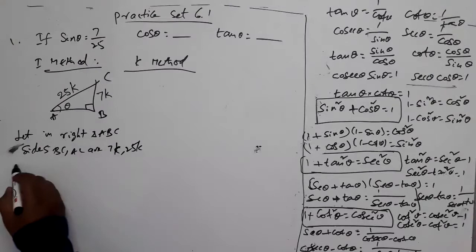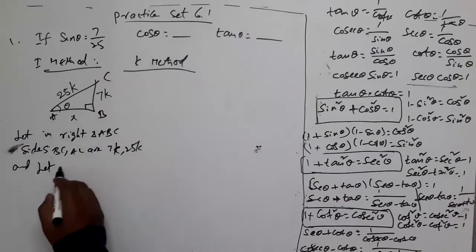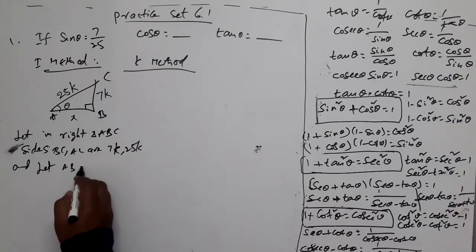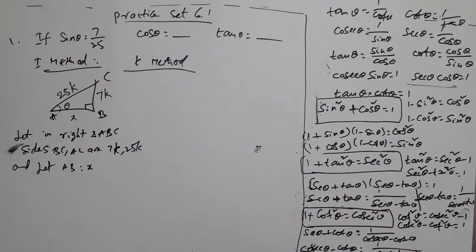Let us say, and let other side AB be x units. 7k units, 25k units, x units, right? Units may be anything, centimeters or meters or anything, same units we have considered, right?